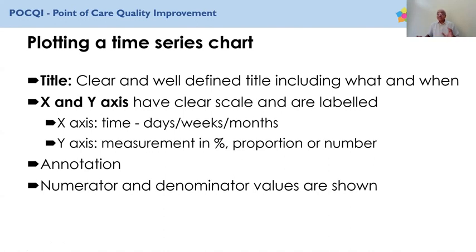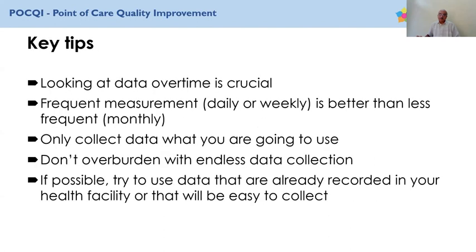Y-axis represents the percentage of the indicator, percentage outcome indicator. So it can be an outcome indicator, it can be a process indicator, it can be both in one graph, or it can be a separate graph. So you can indicate on the y-axis percentage outcome or percentage process, and then you can plot the graph and get yourself a good time series chart.